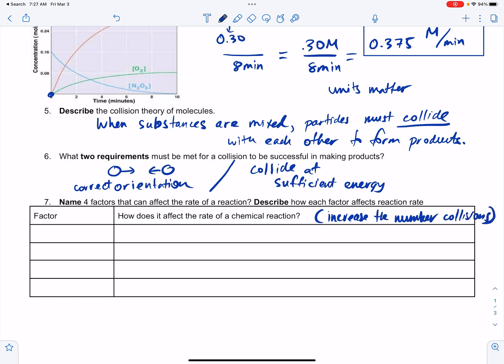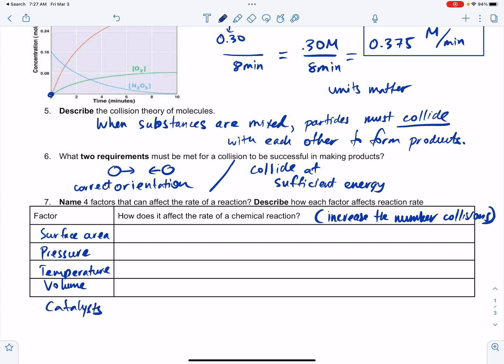There are 5 factors, so I'll mention them all, in no order: surface area, pressure, temperature, the volume of a container, and catalysts.